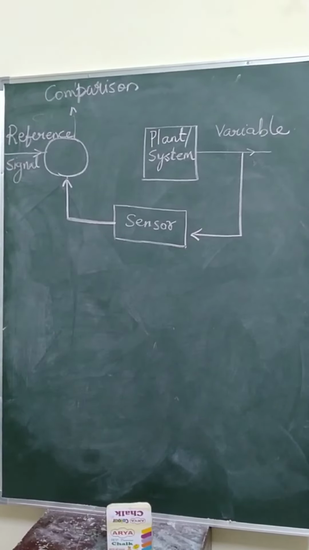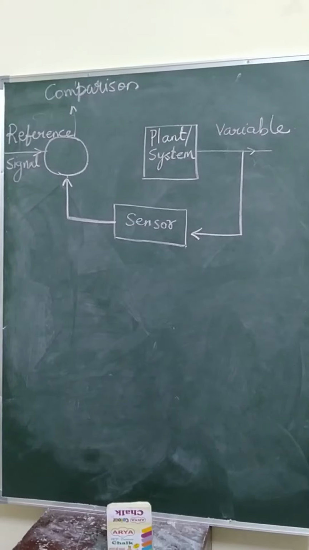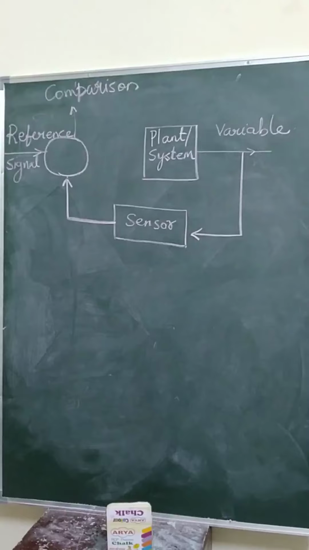You want the x position in this particular example to be 0. If you are trying to control the temperature of a room, and you have set the temperature to be 25 degrees centigrade, that becomes your reference signal. But for the mass spring system, our reference is 0, the equilibrium point. We want the mass to remain at the equilibrium point. We don't want it to vibrate.